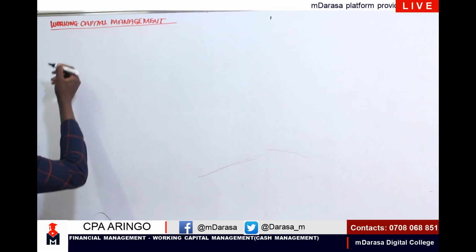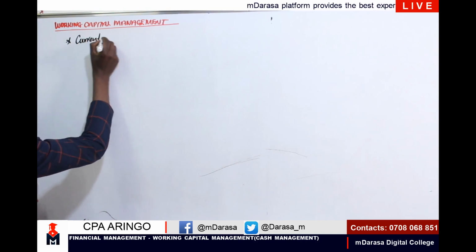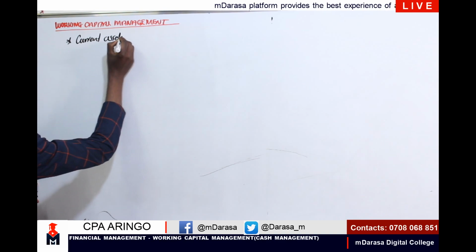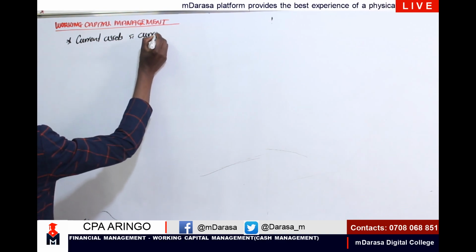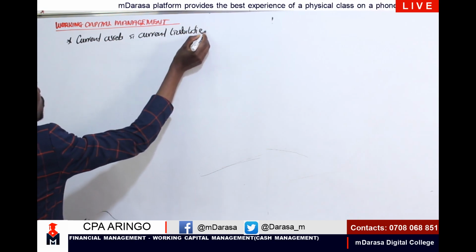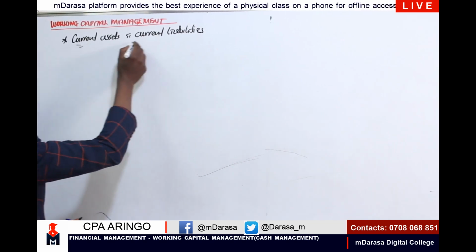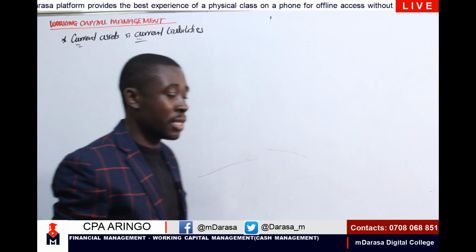So the whole idea here is that we are looking at our current assets and current liabilities. We just want to look at ways in which the firm is going to effectively manage them.